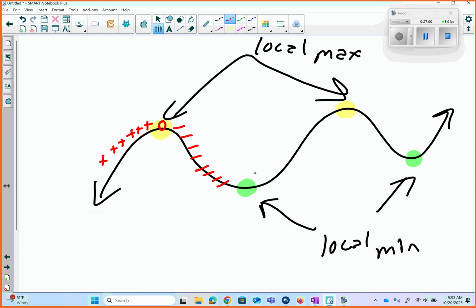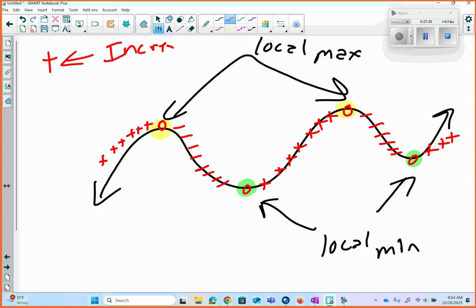As I go down here, this is all negative, then it's 0 here, then it's positive, 0 here, negative, 0 here, positive. So that's what the slopes at those points are. Where it's positive is where the graph is said to be increasing, and where it's negative is where the graph is decreasing.